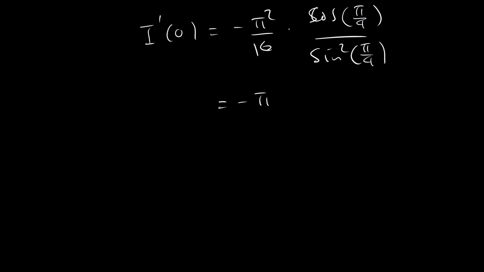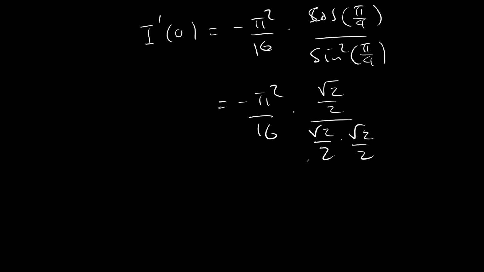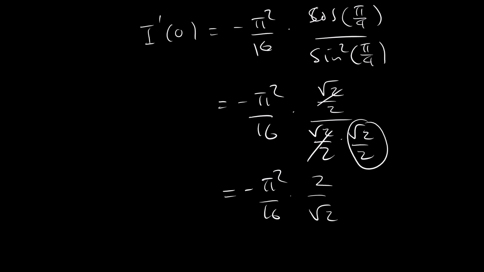This is pi squared over 16 times root 2 over 2 over root 2 over 2 squared. That goes. So we have negative pi squared over 16 times 2 over root 2, 8, and this is negative pi squared over 8 root 2.